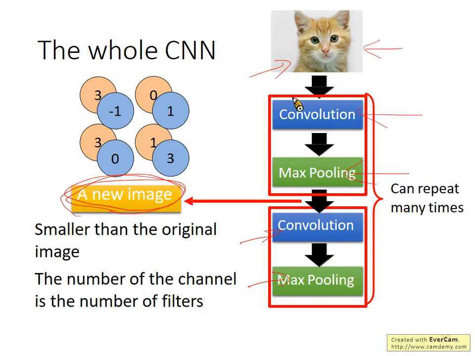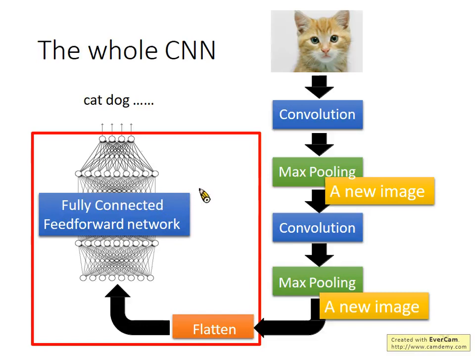So although we have only one original image, right now, depending on the number of filters, we have several new images in lower resolution. Okay, so in the whole convolutional neural network structure, we do convolution and then max pooling, we get a new image, and based on this new image, we do convolution and max pooling again, and we get a newer image.